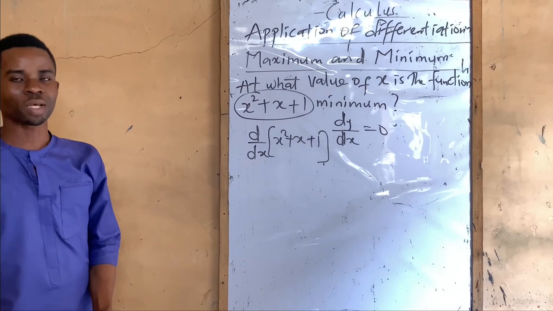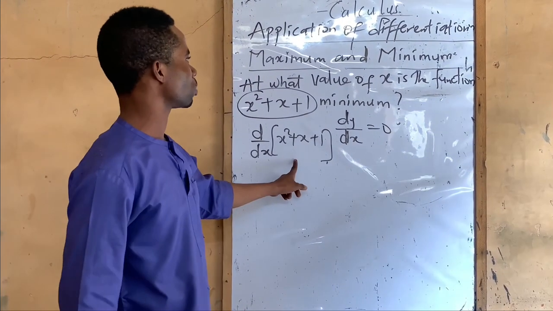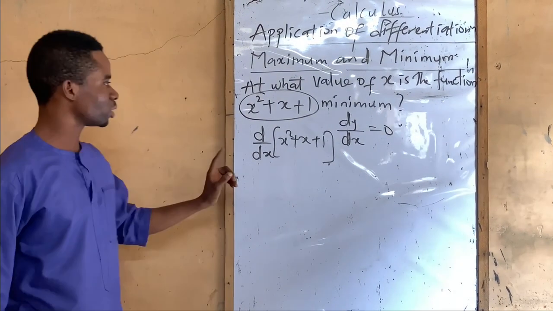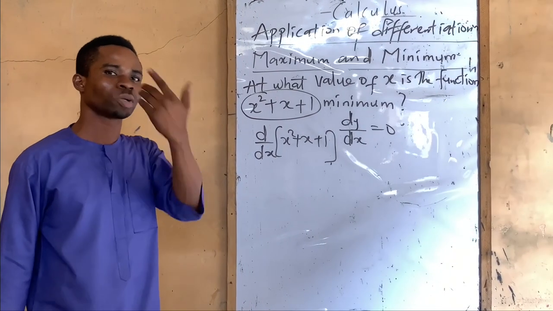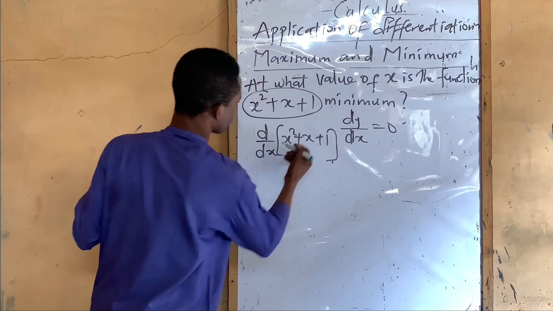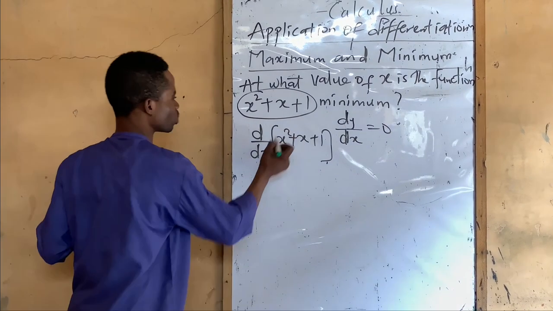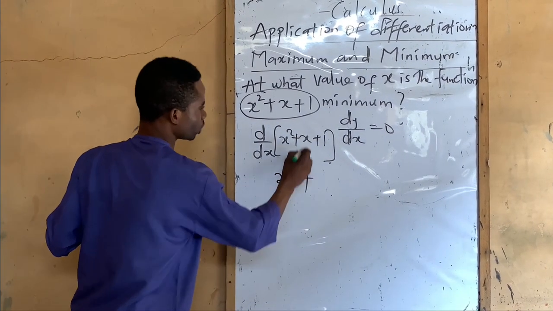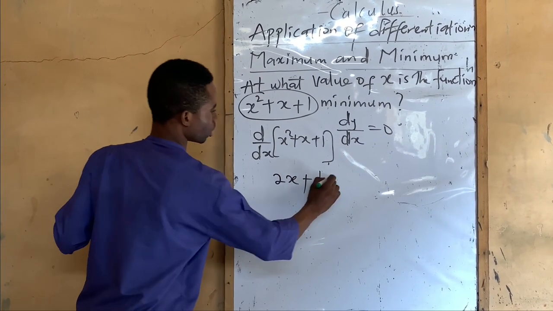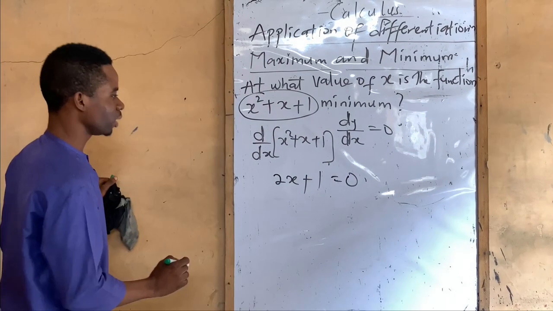But look at this one. There's no need for doing that here. Now, if I differentiate this, differentiation of x squared is 2x. Differentiation of x is 1, equals 0. Now, I can get x straight away.